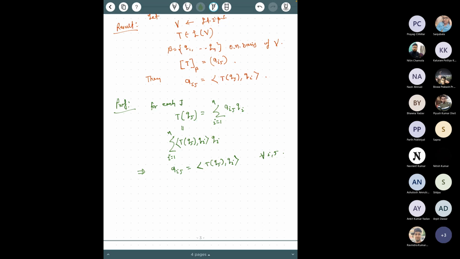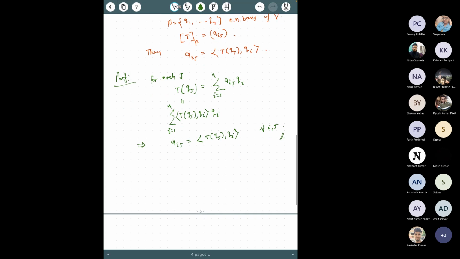But then you know that Q1 to Qn form a basis, so they are linearly independent, and therefore this implies that these coefficients are 0. That means Aij is equal to this. This is true for all i and j. So if you are in an inner product space and you have an orthonormal basis for this, then you can immediately tell what the matrix entries would be.